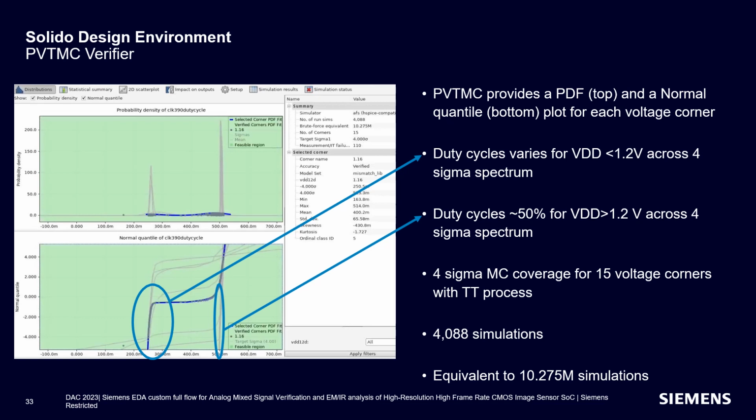From the normal quantile plot, we were able to quickly identify a design bug where the duty cycle variation becomes severe for a supply voltage of less than 1.2 volts. Here, PVT-MC verifier provided a 4 sigma coverage with just 4,000 simulation runs, which is equivalent to running 10 million brute force simulations, thus saving precious engineering resources needed for debugging this issue.